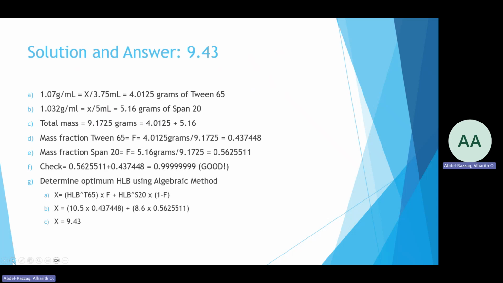And you can check that by adding those two numbers together. If you get 1 or close to 1, that means that you did it right, and those are correct fractions. So it's a nice check. And then I used here the algebraic method instead of the alligation method, and I ended up getting 9.43.